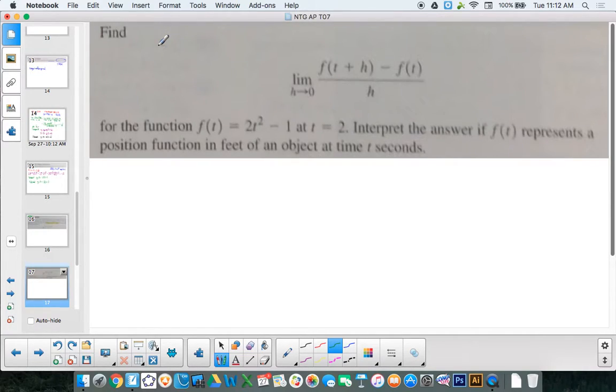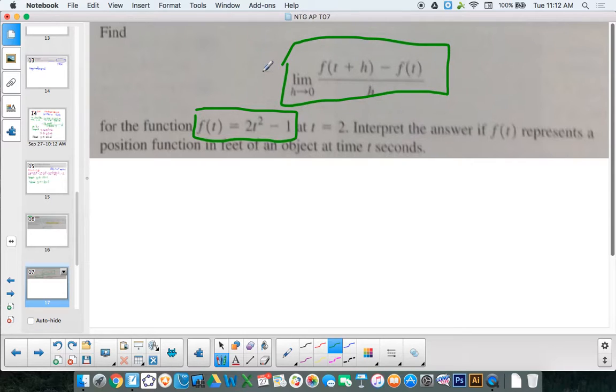So here for this one, our function is 2t squared minus 1. Find this, which you should recognize as the instantaneous rate of change at t equals 2. Pause it and try it.